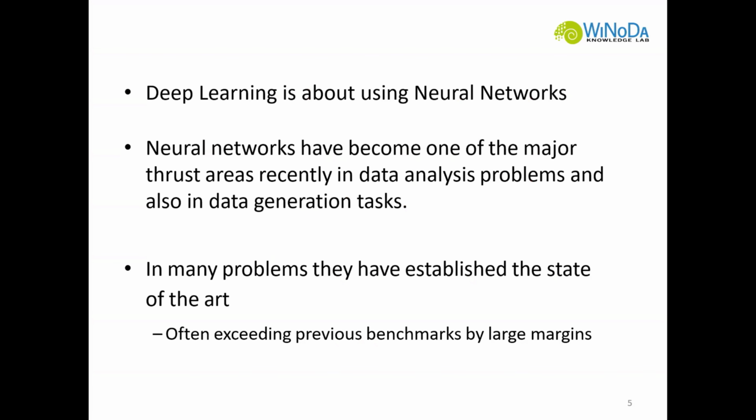Now, deep learning is about using networks. We said that in the beginning. I will also later on explain what a neural network really is, at least the basics and how it works. And this neural network, which is the actual underlying technology of deep learning, has become one of the major areas in which things are happening.